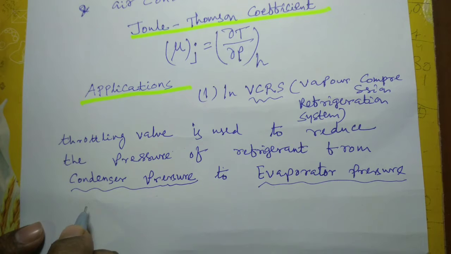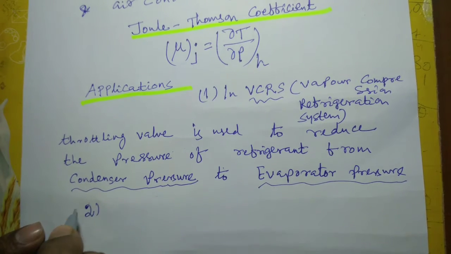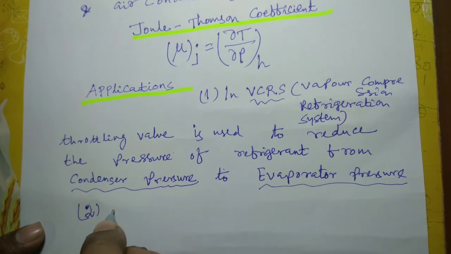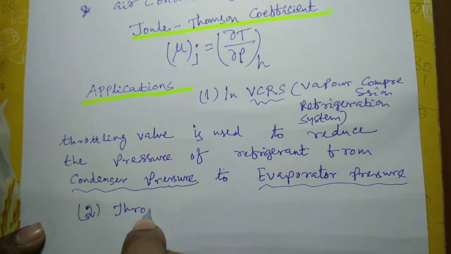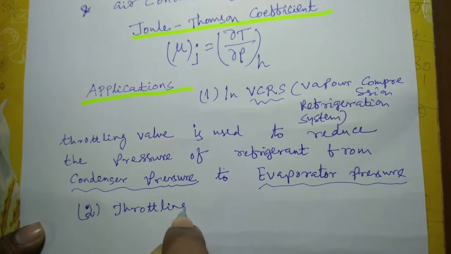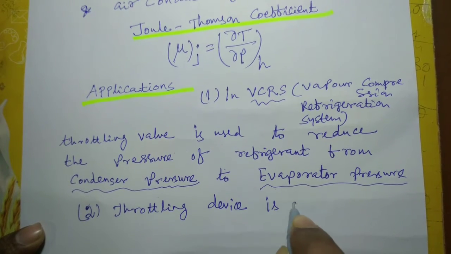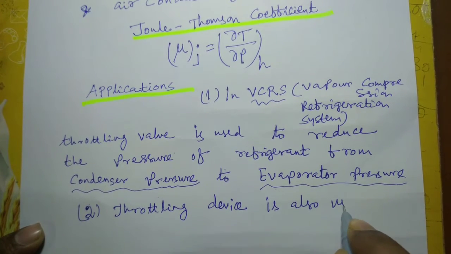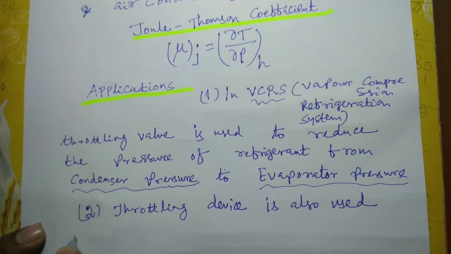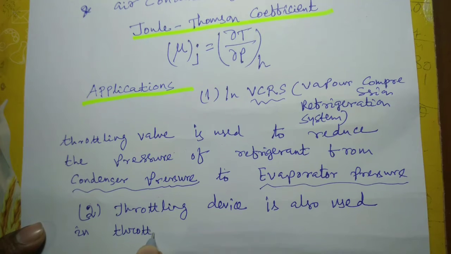And there may be some other applications. This throttling device is also used in throttling calorimeter.